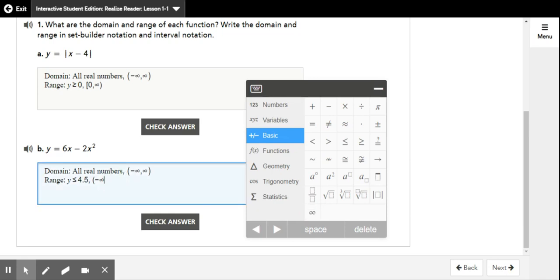And then its top, the second number in set builder notation, would be the top of that, which is positive 4.5. I'm going to put a bracket around that.